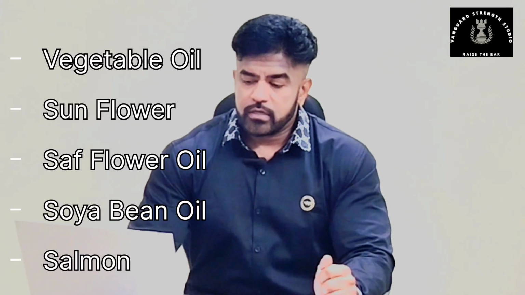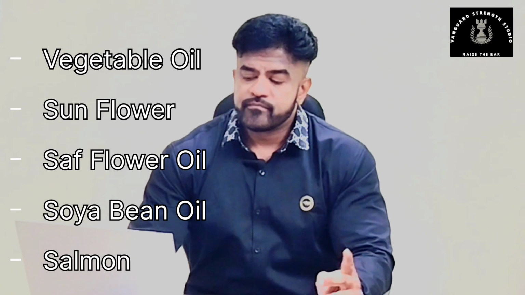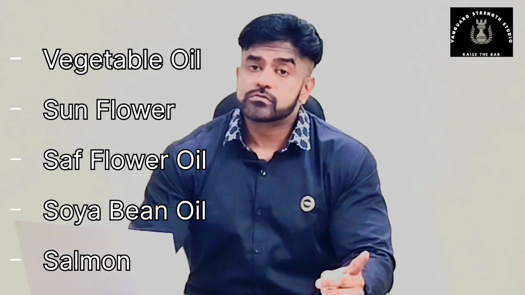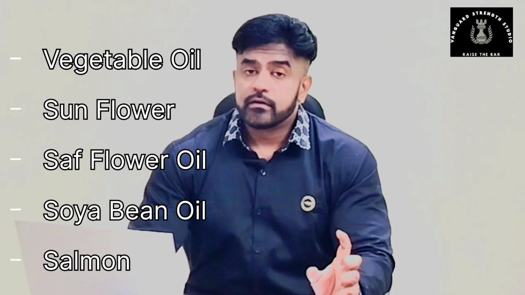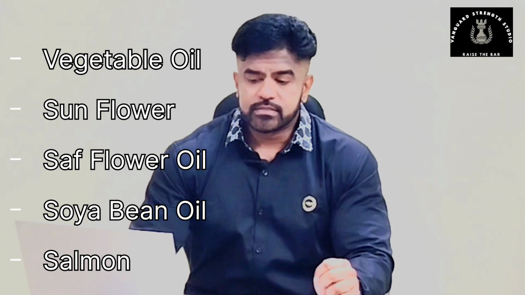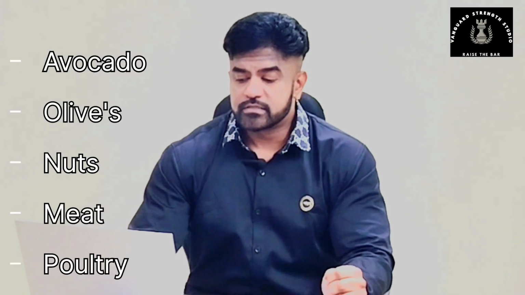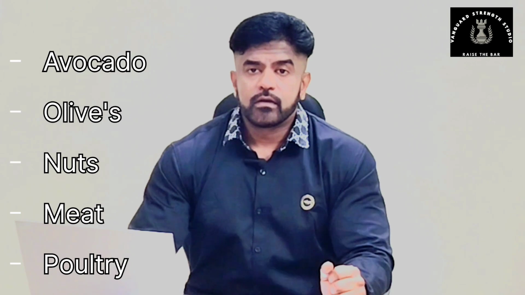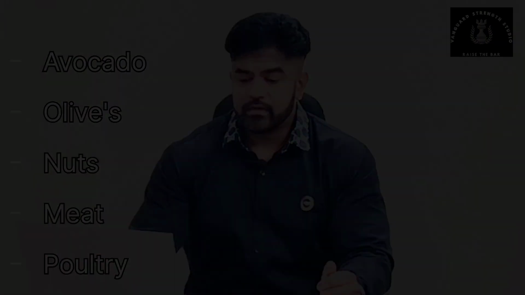Example, vegetable oils, sunflower oil, safflower oil, soybean oil, and it's also found in salmon. Monounsaturated fatty acids are generally found again in both plant as well as animal sources. Example, avocados, olives, nuts, meats, poultry, etc.